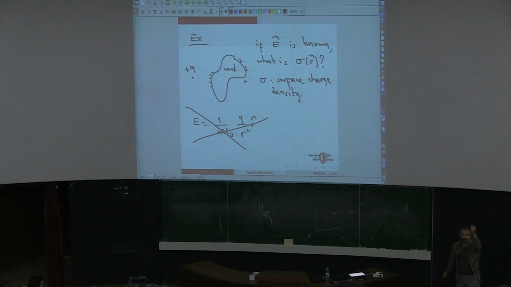We had an infinite line charge distribution, where the electric field decreased as 1 over r. We had an infinite plane charge distribution where the electric field was just constant. It didn't change with r. So don't say that the electric field is 1 over 4 pi epsilon 0 q over r squared. That is wrong. That is the electric field of a point charge only.